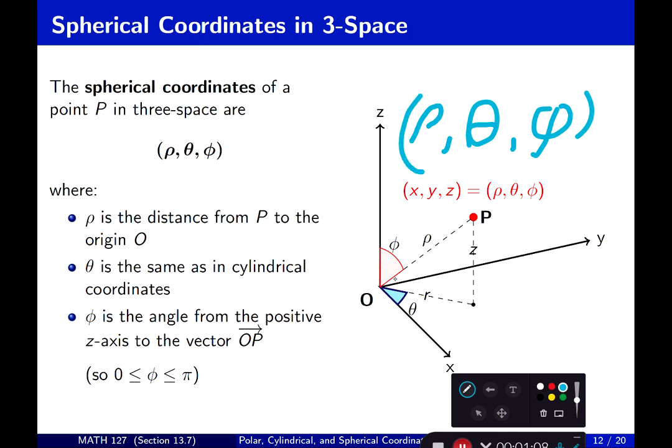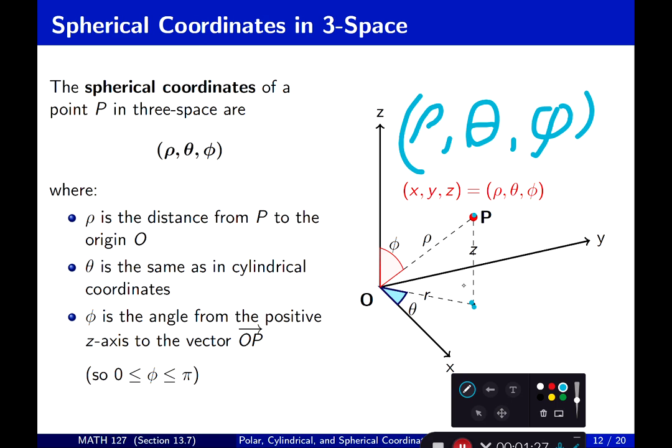And let's look at this. So this is the point P. You drop down a perpendicular, and you get a reflection of P on the xy plane.